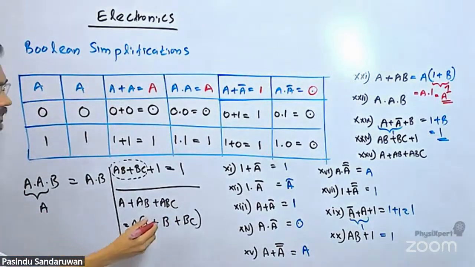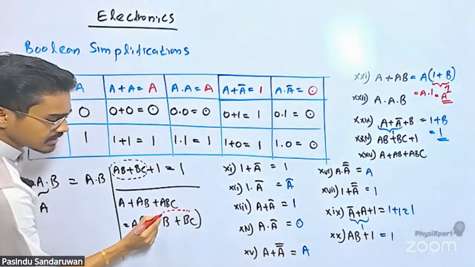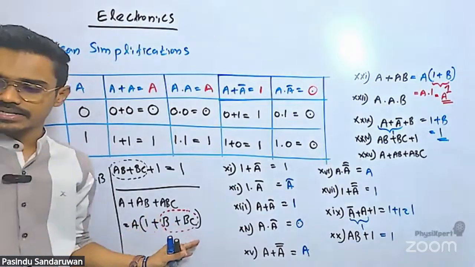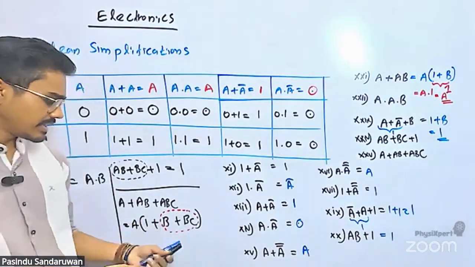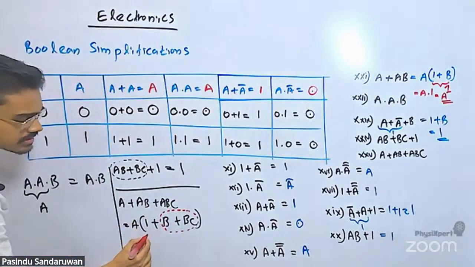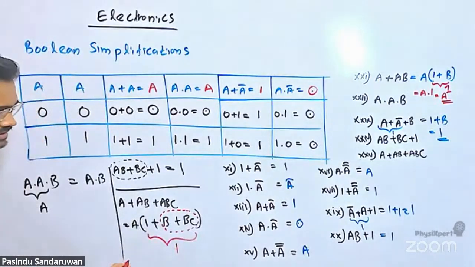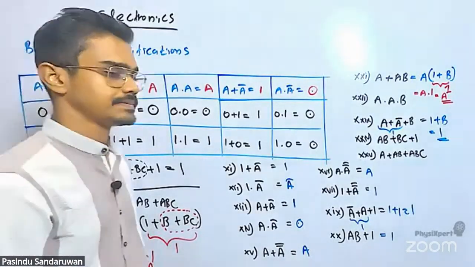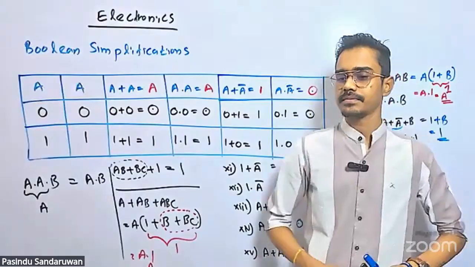See, B plus BC is going to take either 0 or 1 at the end. Then 1 plus this part, even though there is 0 or 1, is always 1. Which means this bracket is always 1. Then what is hidden here is A dot 1. So finally, that is A.